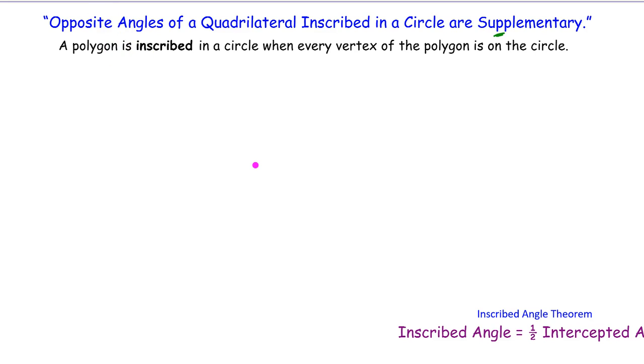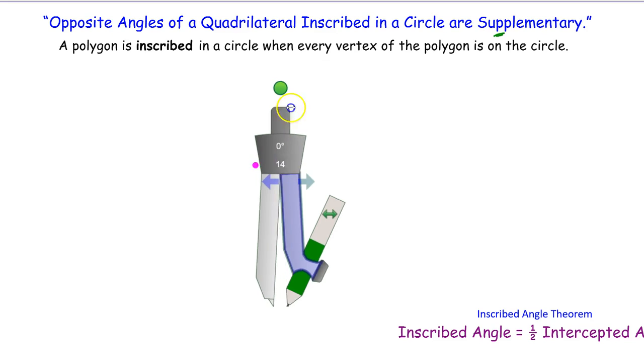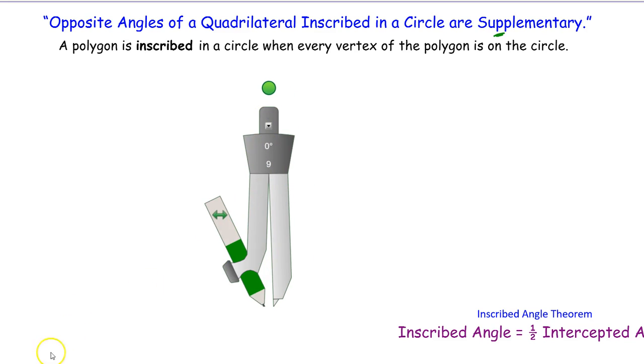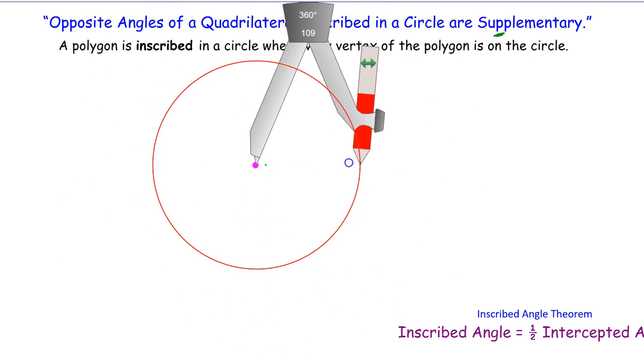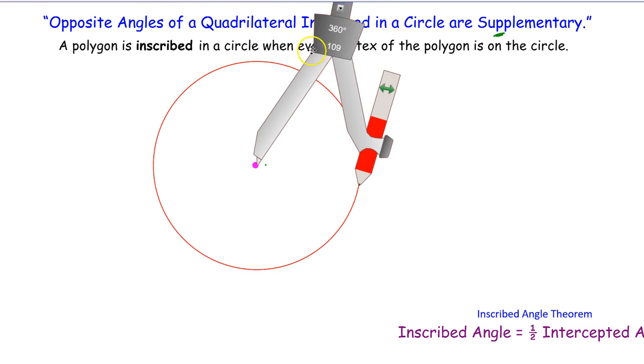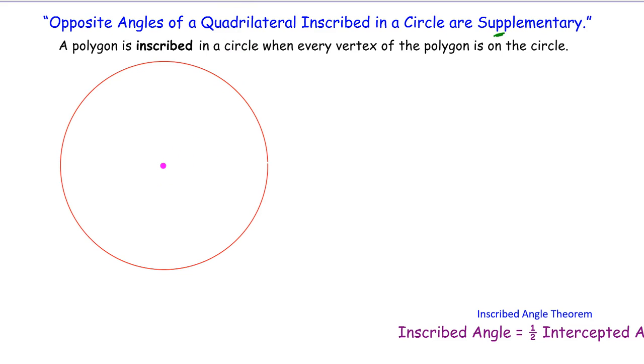Alright, okay, now let us have a circle here. We'll draw one circle. Alright, we have a circle, right? This is a circle drawn, and let us draw one quadrilateral with all four vertices lying on the same circle. Okay, we have here a quadrilateral.